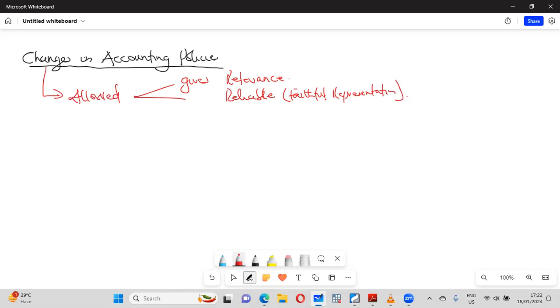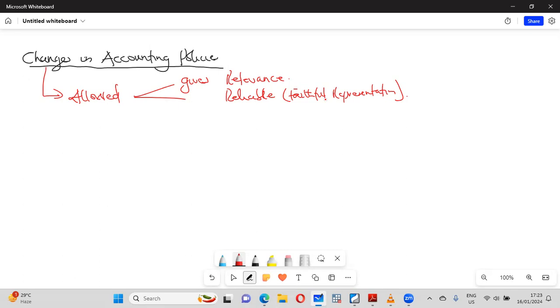In some other books, you hear that a change is allowed when it is required by the standard. But come on, if there is a standard, then the standard is the policy. So why say changing accounting policy is when the standards require it?